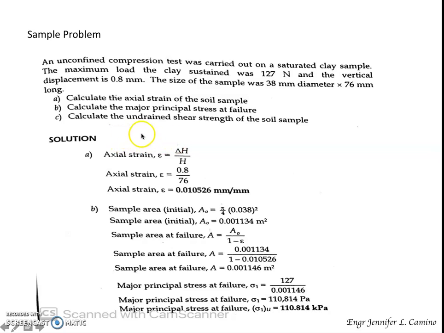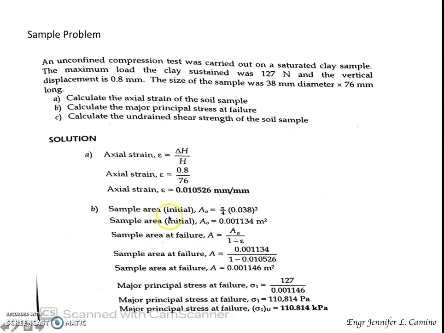So basically, we're going to compute first for the axial strain. Of course, axial strain is equal to the change in height all over H, or this refers to the vertical displacement, which is 0.8 all over the height of the specimen, which is 76. So our axial strain is equal to 0.010526 mm per mm. So we're going to compute for the major principal stress at failure.